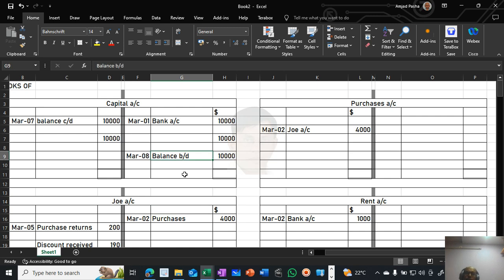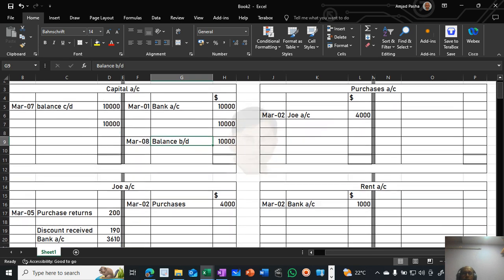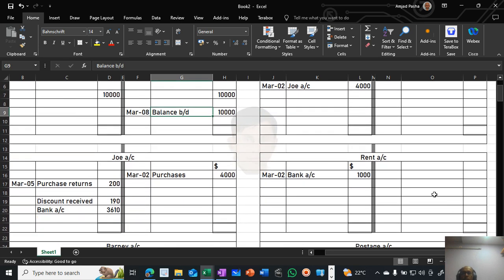Normally nominal accounts like purchase account and sales account are not balanced. Why are they not balanced? They are directly taken into the trial balance. They are just totaled and taken into the trial balance. So the rent account is not balanced. You just total it up and take it directly to the trial balance.